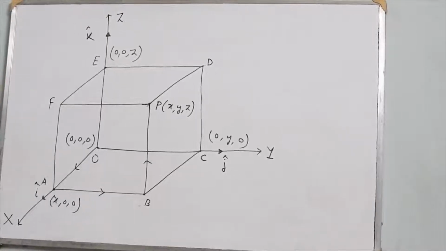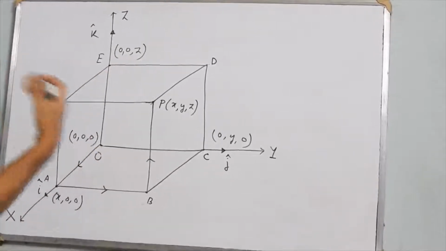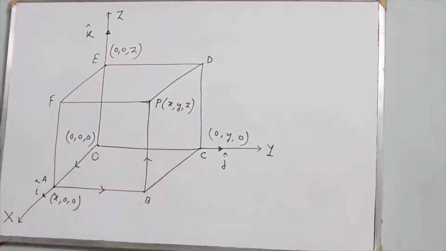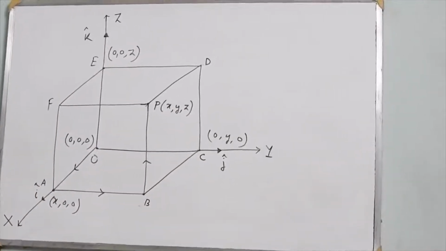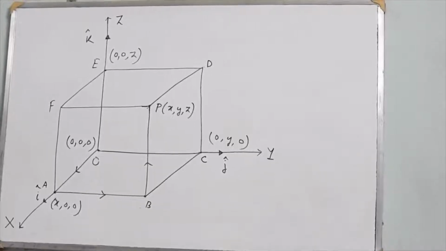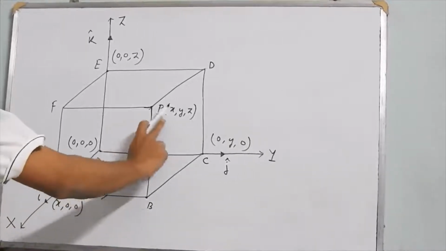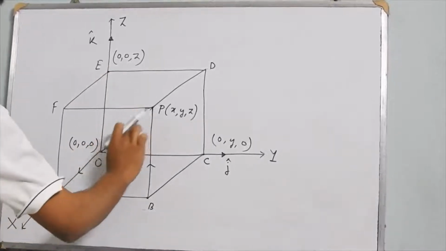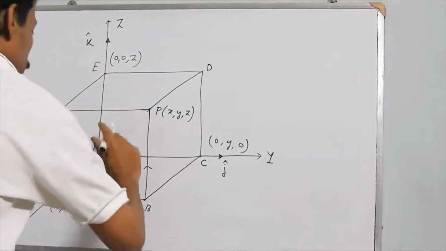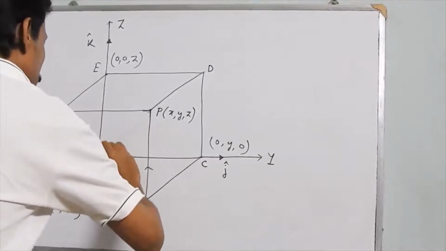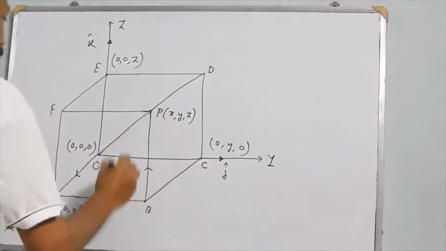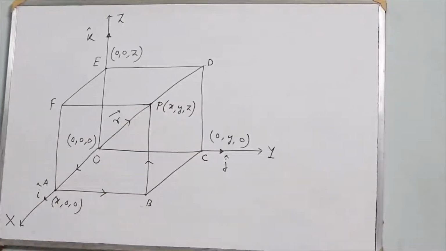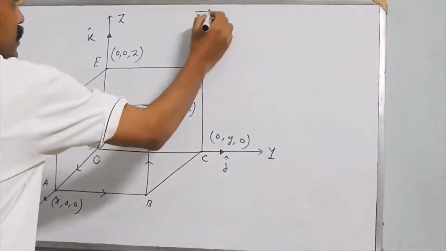Now, whether in space or in a plane, any point with its given coordinates can be represented by a position vector starting from the origin. So if P is a point in space having these coordinates, we can have a position vector OP, starting from the origin O and ending at that point. Let me call this OP vector the R vector.